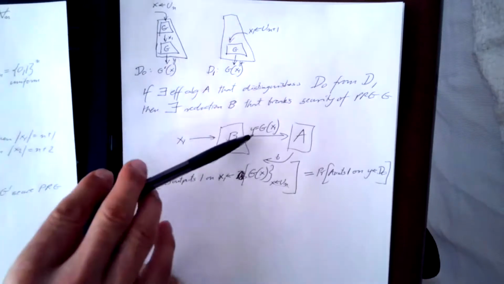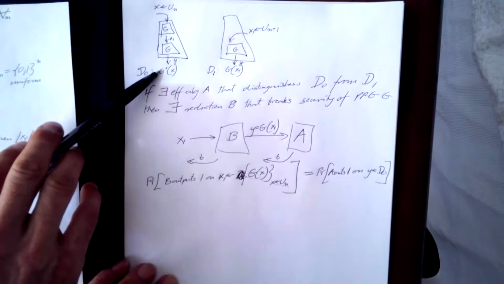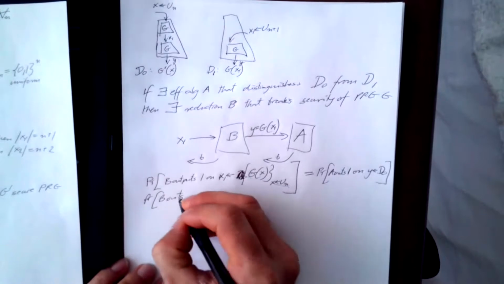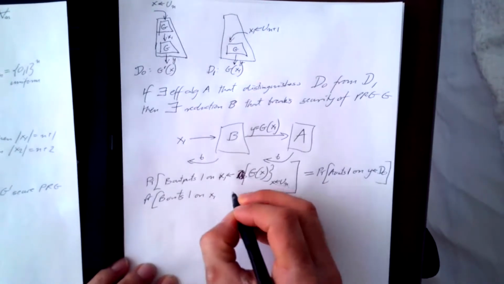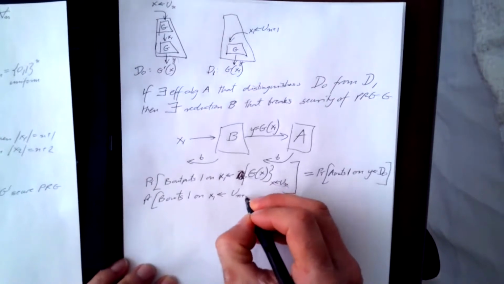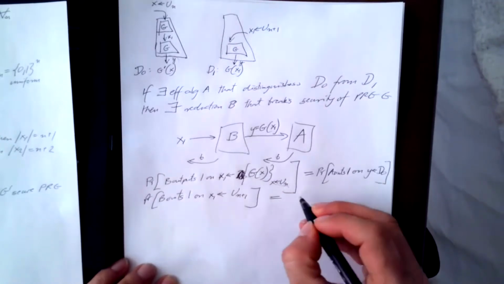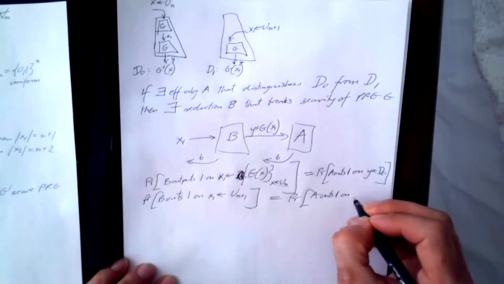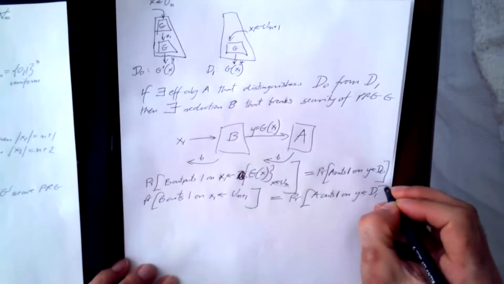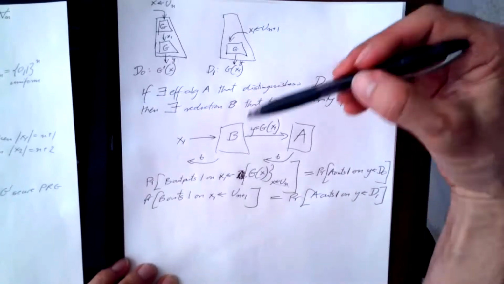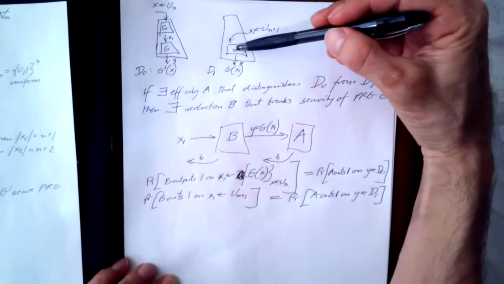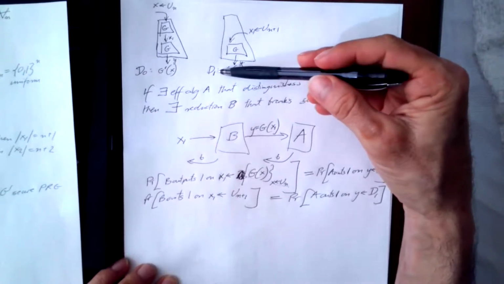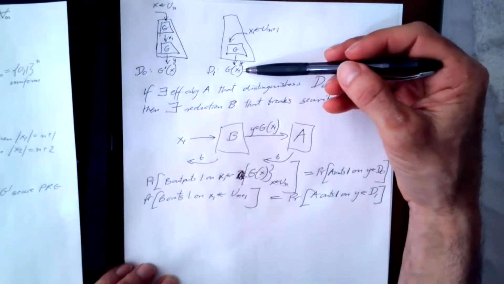In other words, this Y is in this distribution. What's the probability that B outputs 1 on X1 that came from uniform n+1 bit strings? That is the same as the probability that A outputs 1 on Y from D1, right? Because X1 was uniform, and I ran G on it and gave it to A. So clearly, I gave him an element sampled from this distribution.